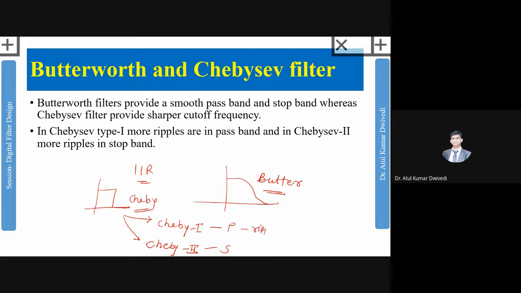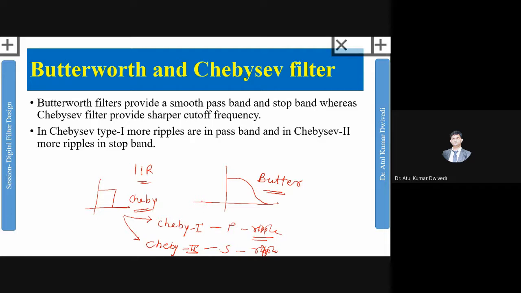It depends on the ripple. If ripples are more in the passband, it is a Chebyshev 1 filter. If ripples are more in the stopband, it is a Chebyshev 2 filter. So that's the main important difference between Chebyshev 1 and 2.